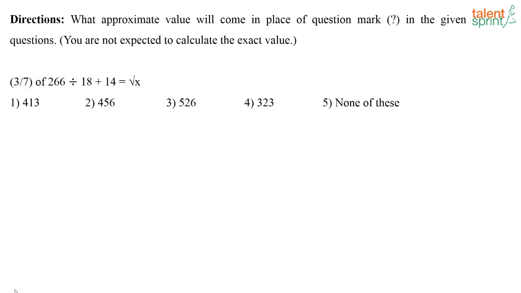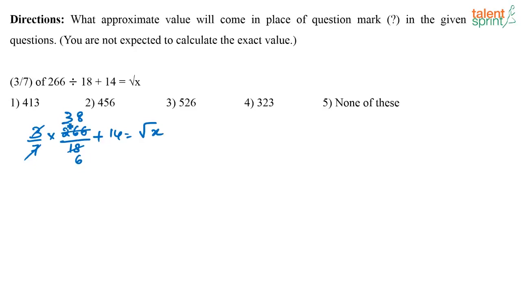Next one. So what do you have here? 3 by 7 of 266 by 18 plus 14 is equal to root of x, correct? So then 266 by 7, I think it is divisible, no? 7 3s are 21, 56, 8.